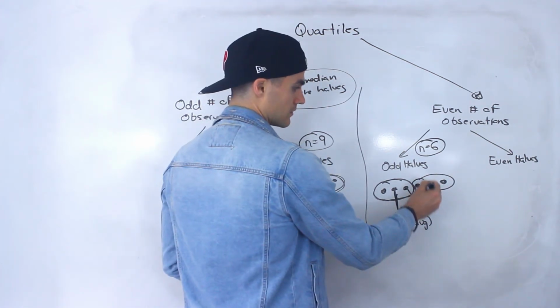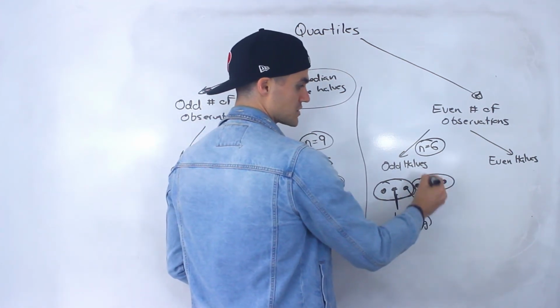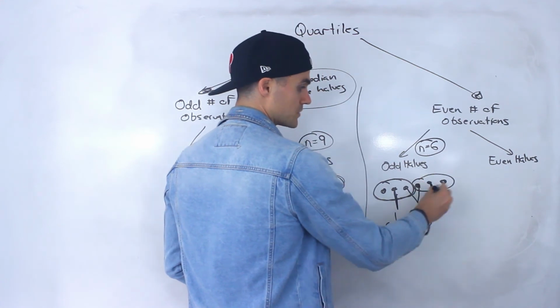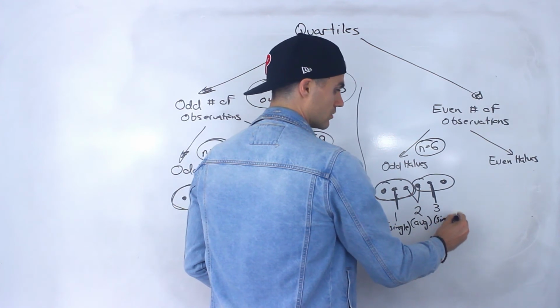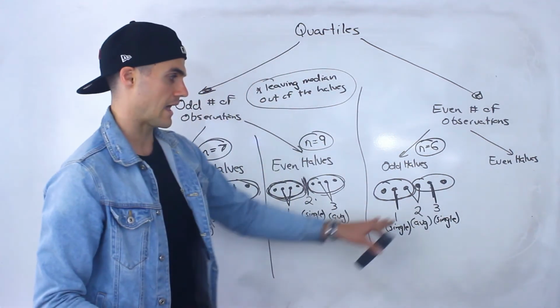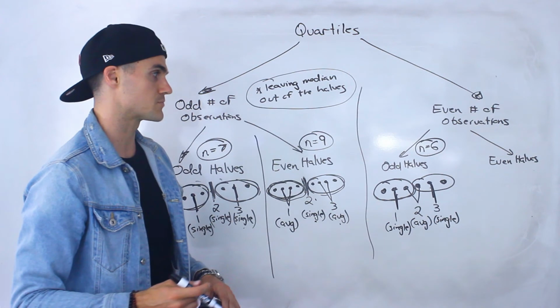Same thing here. Odd number of observations here, so that median of that group of data, which is going to be the third quartile, is a single observation. And then that second quartile is going to be an average.